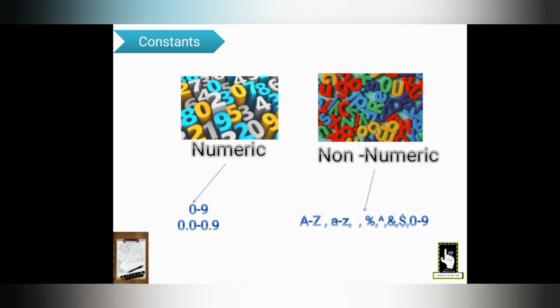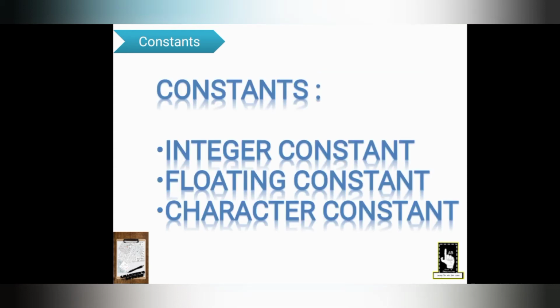Usually, these non-numeric constants are also called literals. A constant is characterized by value and type. Type is nothing but the fundamental data types used in a programming language, which we'll be discussing later in our series. However, the constants are of 3 types: integer constant, floating point constant, and character constant.